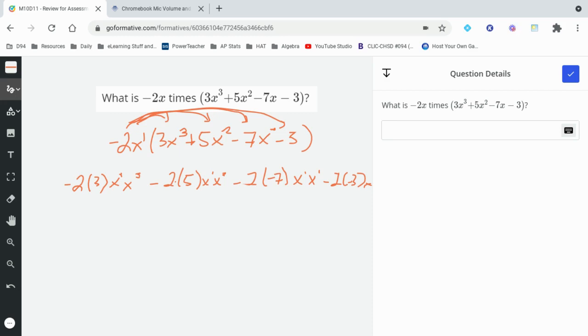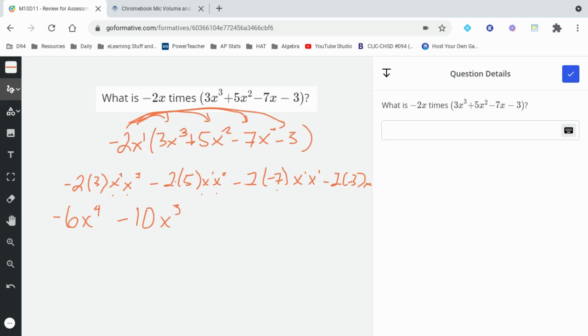And so from there, you're going to get negative 6. Now remember here, I am multiplying 1x by an additional 3x's, right? So 1x times 3x's multiplied together. So that's going to give us a total of 4. Minus, because I've got negative 2 times 5 is negative 10, so that's going to be minus 10. And here I've got 1x times 2 other x's, so that means I've got a total of 3 x's multiplied together.